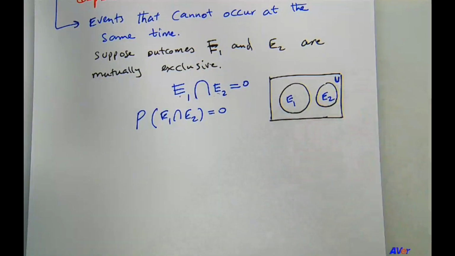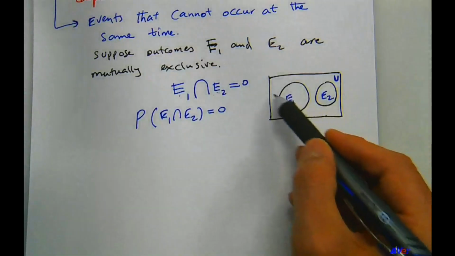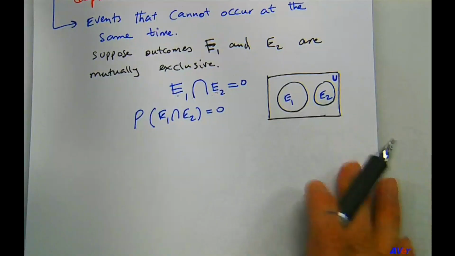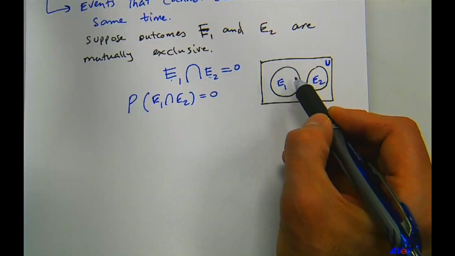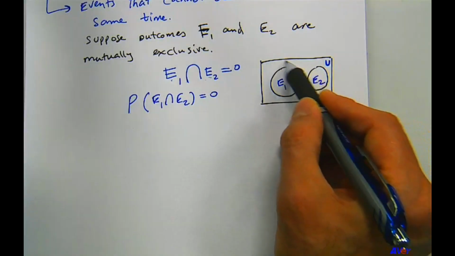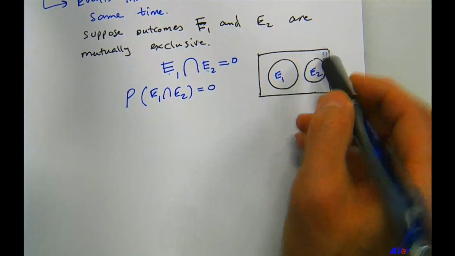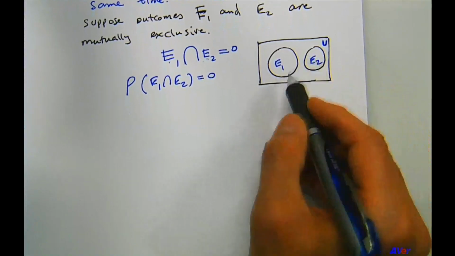We can call that universal set or a sample space. That's one way of showing E1 and E2 that are mutually exclusive. This way of showing it means there are other events in addition to E1 and E2 that are out here, right? But E1 and E2 are mutually exclusive.